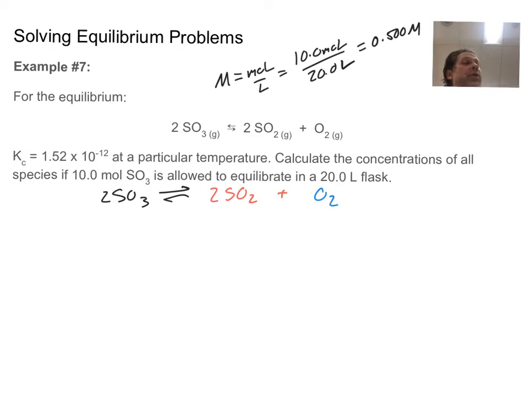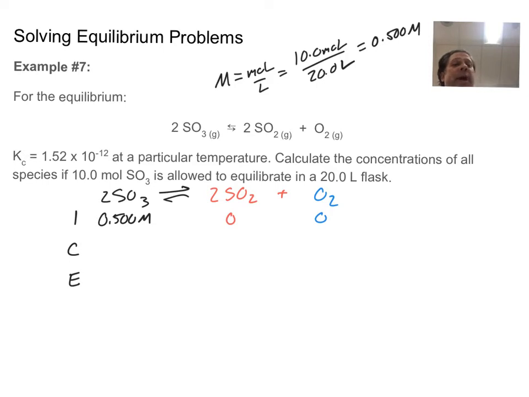I have initial, change, and end. In this case, I'm going to start with my initial, which is the 0.500 molar. I have zero product at the beginning.